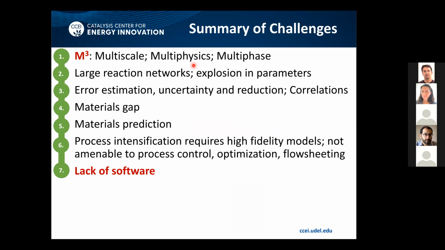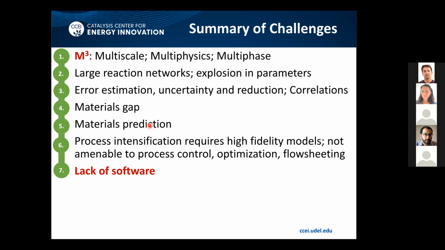So to summarize some of the challenges as I see them: we have these multi-scale, multi-physics, multi-phase problems, right? Large reaction networks are still challenging to parameterize. We have errors. We don't even know the sources, or how to quantify them or minimize them. It's difficult in catalysis to represent the material in a quantitative, predictive manner.